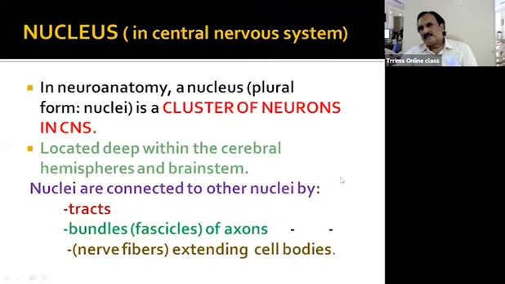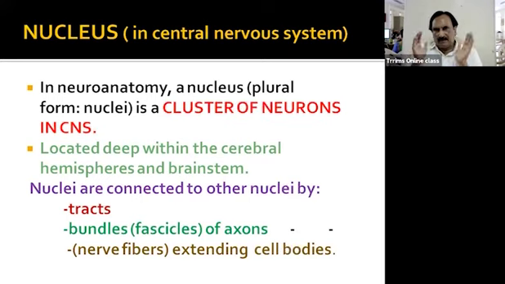So in the central nervous system, there is some terminology which you must know. That is nucleus. The nucleus of a cell is different from the term nucleus which you mention in the central nervous system. In neuroanatomy, a nucleus, plural nuclei, is a cluster of neuronal cells.